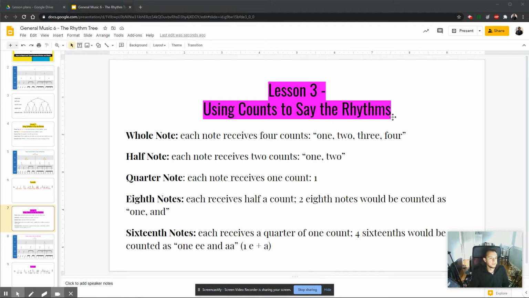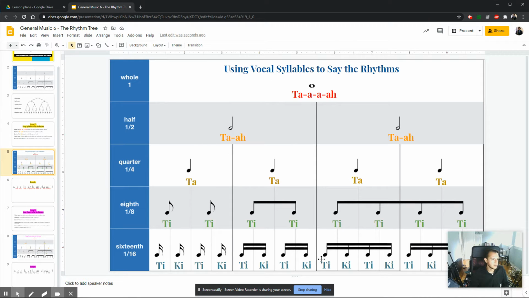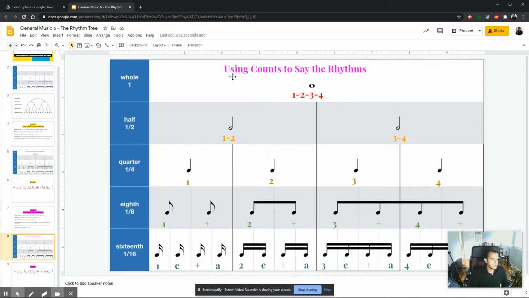We're still going to have a total of 4, but you will see how we're going to divide each of those beats sometimes, depending on what the note length is. As last week, I went over using syllables, and I did the same exact thing for using counts.